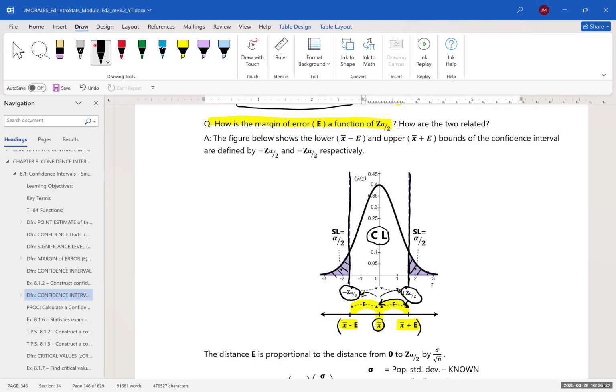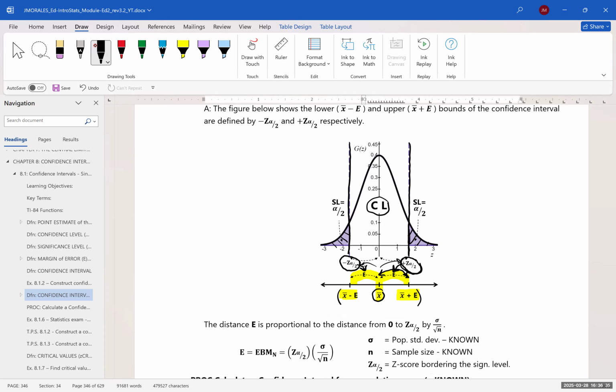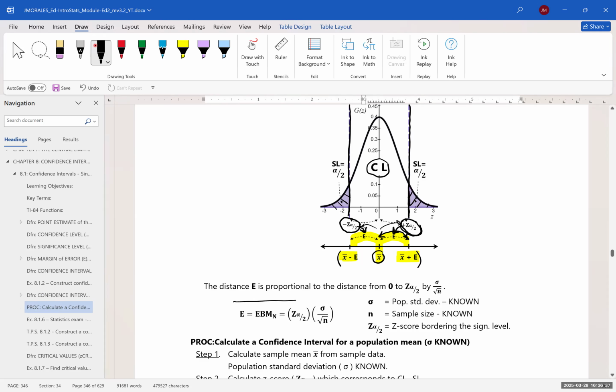Okay, so this Z alpha 2 score is directly related to this value of error that you calculate. And it's related by this equation. So error is related to area or probability.